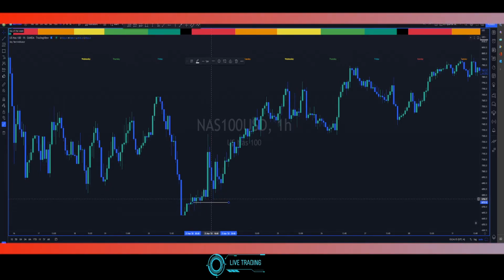Price wicks below it, probably taking out the majority of retail traders here before continuing up, making beautiful structure to the upside. Let's look at Tuesday.